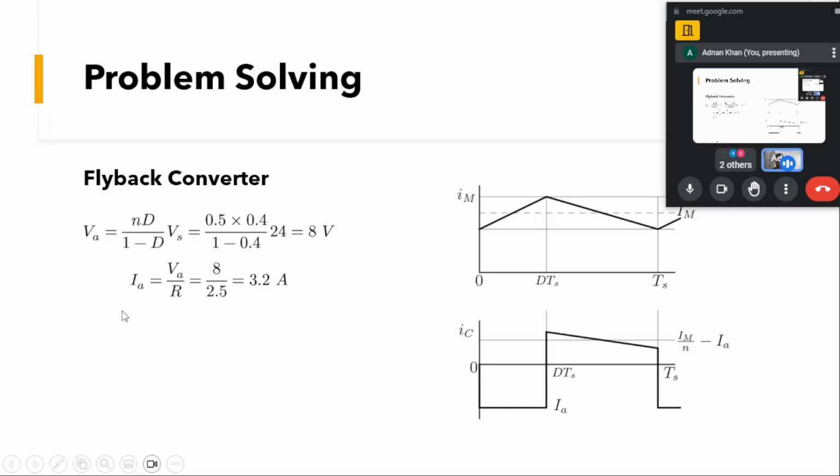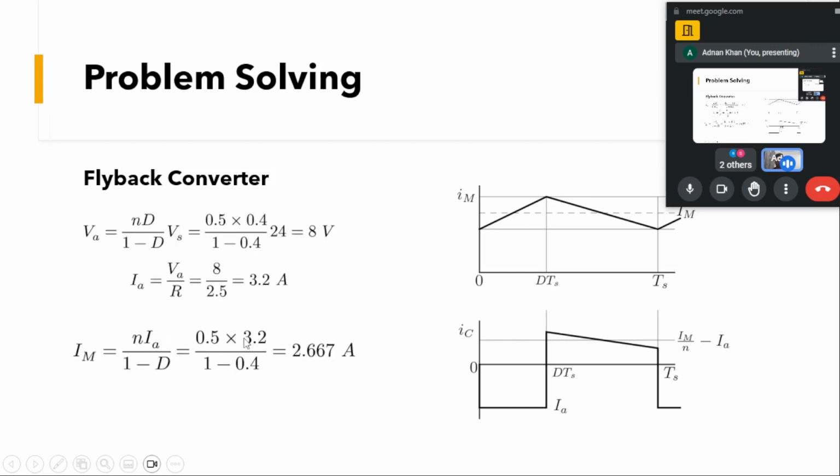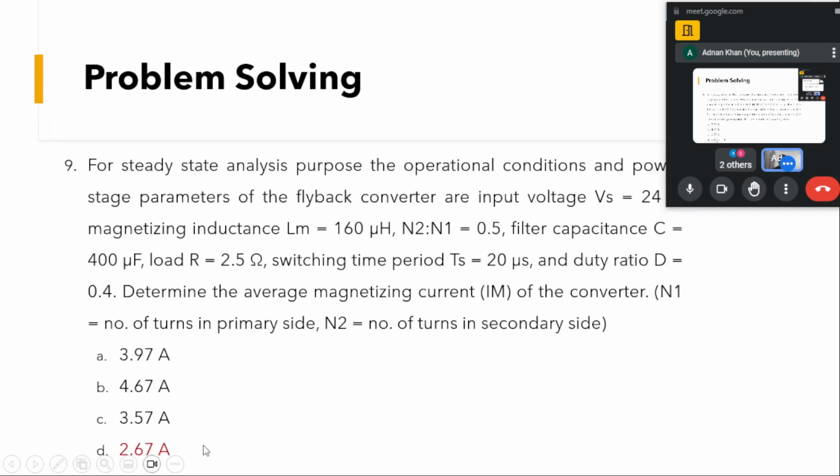We also know the average output current will be the output voltage divided by resistance, so 8 volts divided by 2.5 comes out to be 3.2 amps. So Ia is now known to us. To calculate Im we needed Ia, so we put the value of Ia in this equation, and Im comes out to be around 2.667 amps. This is the answer to this question, 2.67 amps.